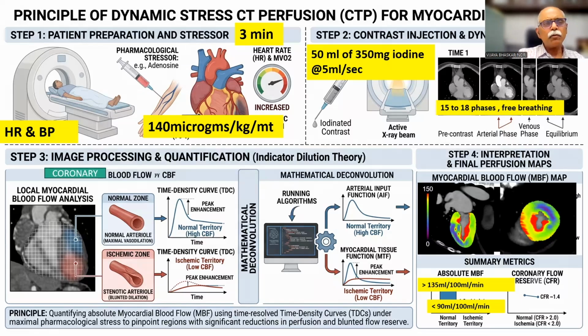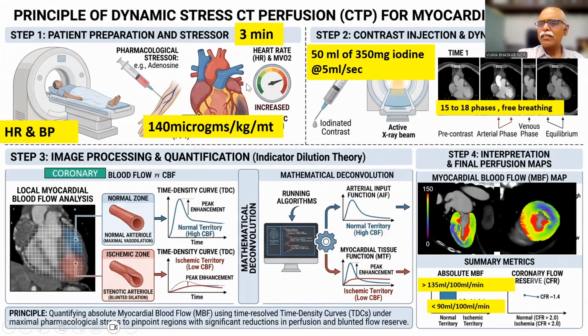Now, the principle of dynamic CT perfusion is you first prepare the patient, check the heart rate, check the blood pressure, calculate the dosage of the adenosine, 140 micrograms per kg per minute, give it for 3 minutes. So on CT scan, because the study is done fast, the acquisitions are finished in 20 seconds or 15 seconds. You can finish off the study adenosine in 3 minutes.